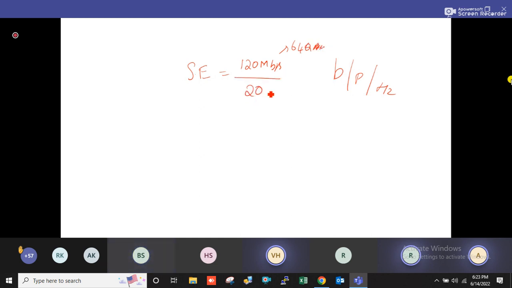That is 20 megahertz. So it is like calculating the mileage of a vehicle, right? For a liter of petrol, how many kilometers will it give? Similar to that, the spectral efficiency here is, with 20 megahertz, how much data rate I am getting, let's say 120 Mbps. So the spectral efficiency will be 6 bits per second per hertz.